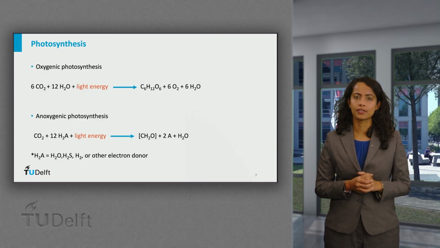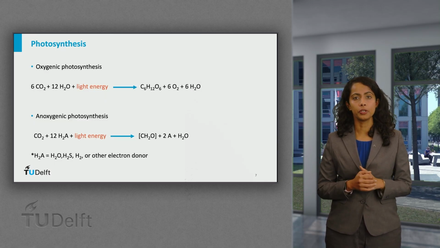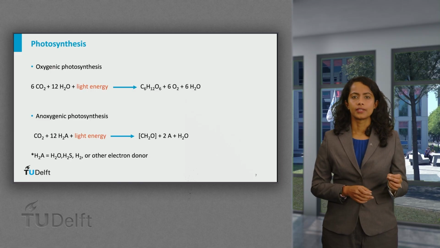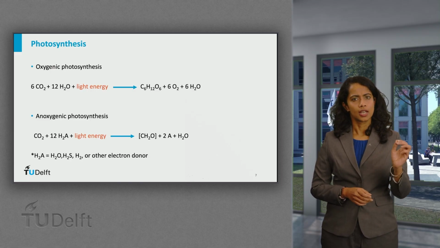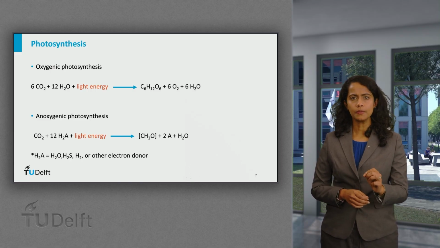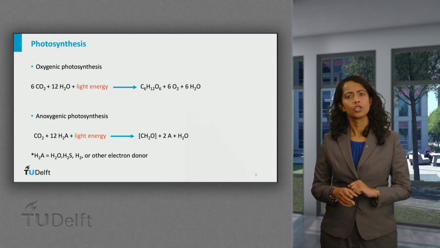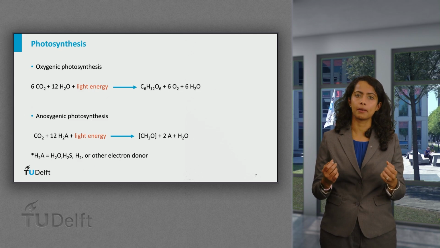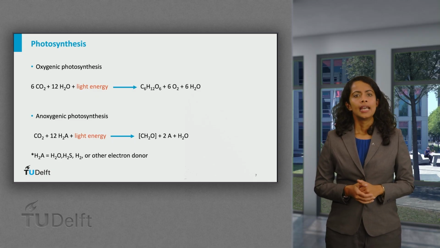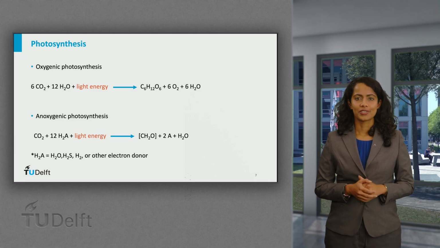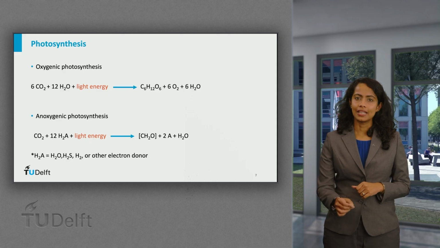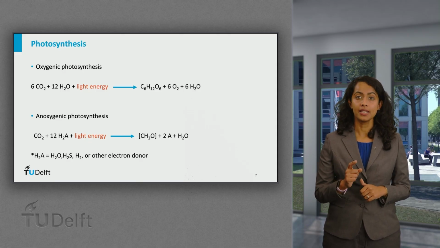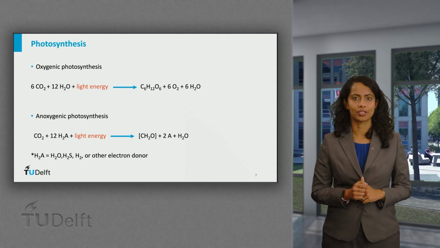When we look at these processes from a stoichiometric point of view, oxygenic photosynthesis essentially uses carbon dioxide and water together with light energy to form organic matter, while releasing oxygen as a byproduct. In the case of anoxygenic photosynthesis, the process still involves carbon dioxide, but the electron donor is different.